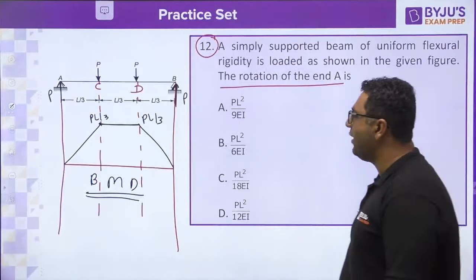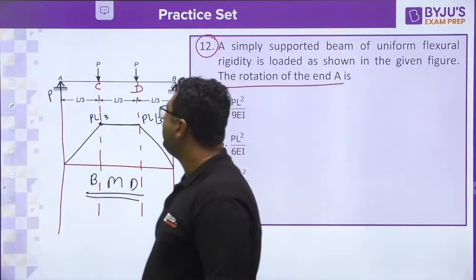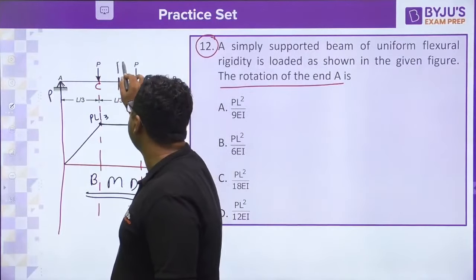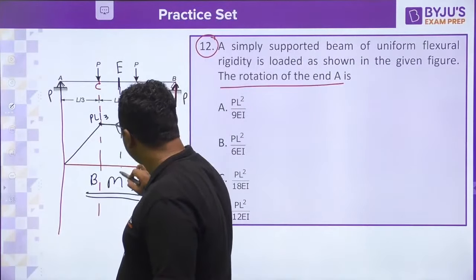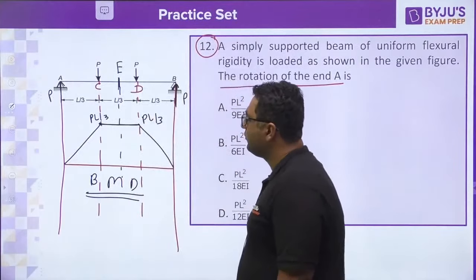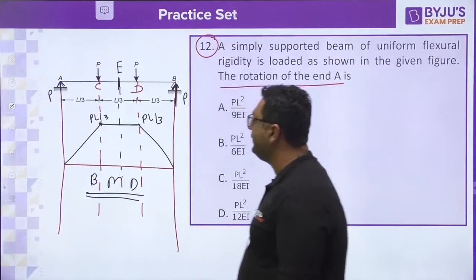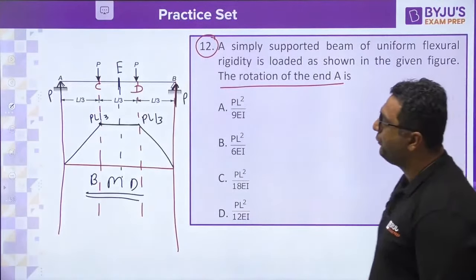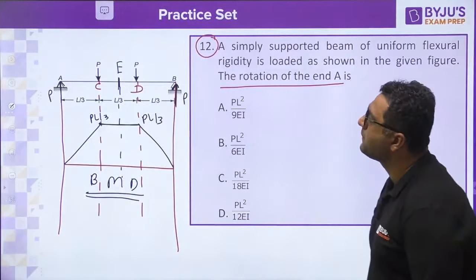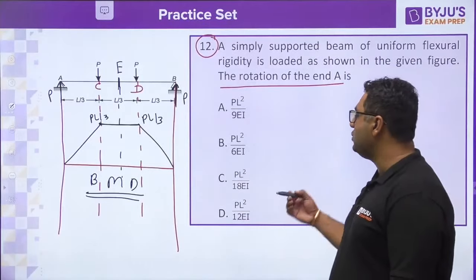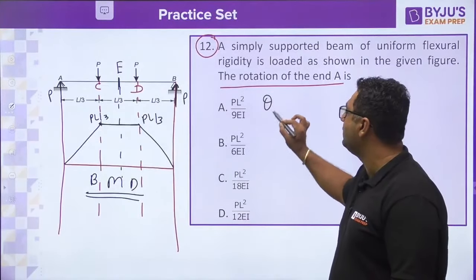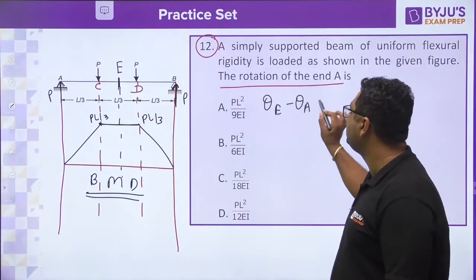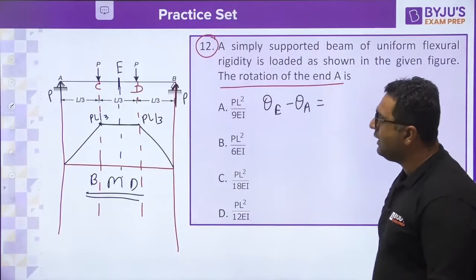Solve it. You need to find out the slope at A. You know deflection will be maximum at E. So this is going to be PL by 3, PL by 3. Solve it. If you try to solve it, you will get theta at E minus theta at A, which is area of triangle and rectangle.